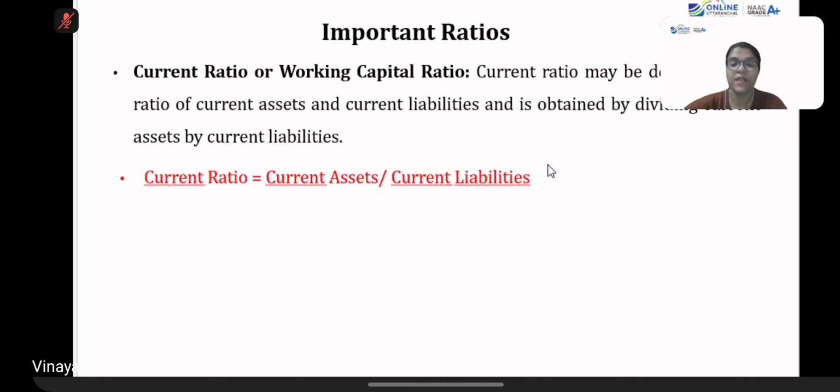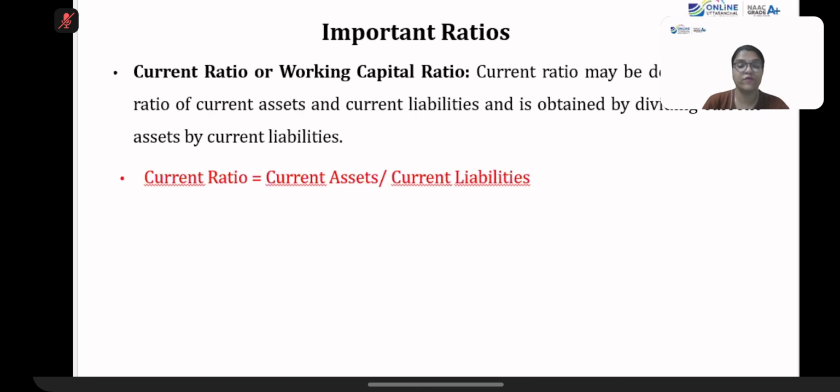If your company's current ratio is 1, it will indicate that the company has more current assets than current liabilities. That means you have a strong liquidity position. But if your ratio is below 1, it indicates that there is a difficulty in meeting its short-term obligations.